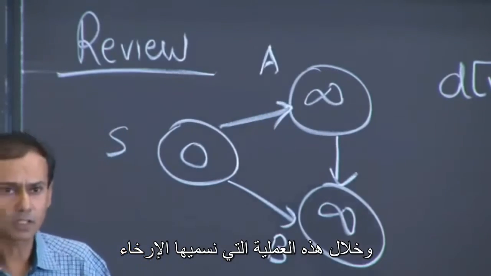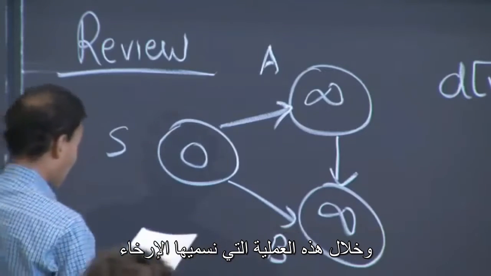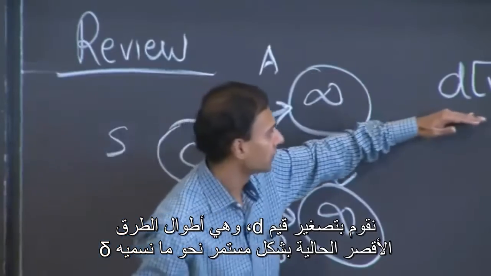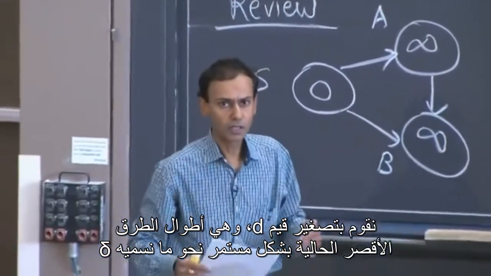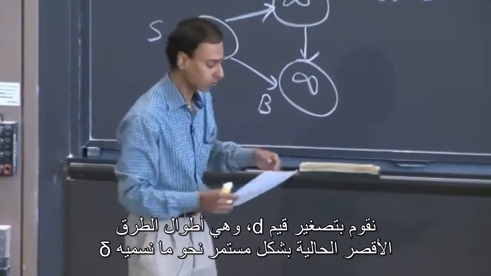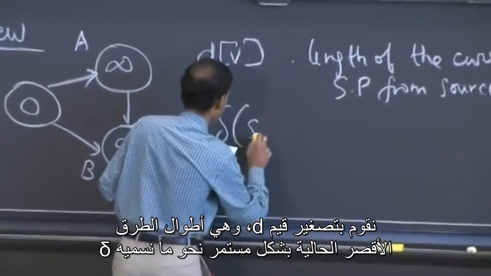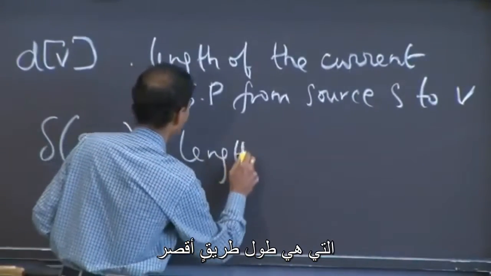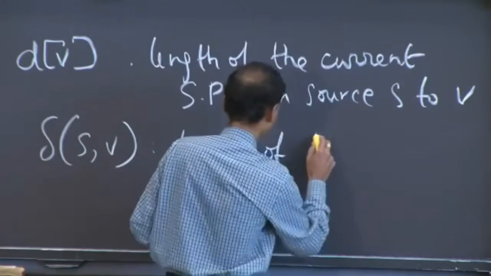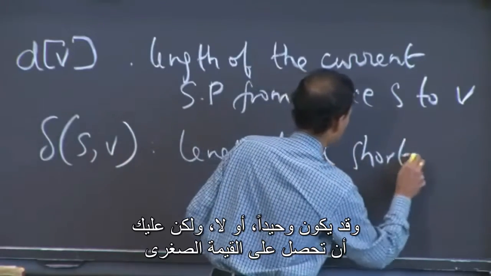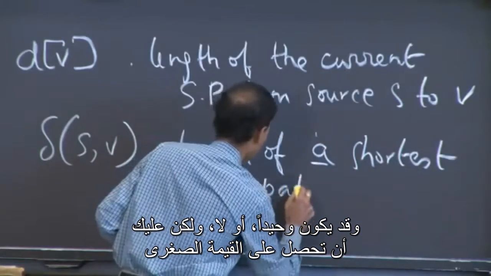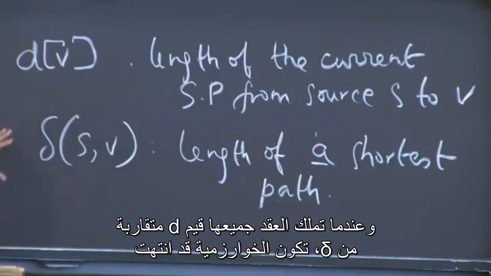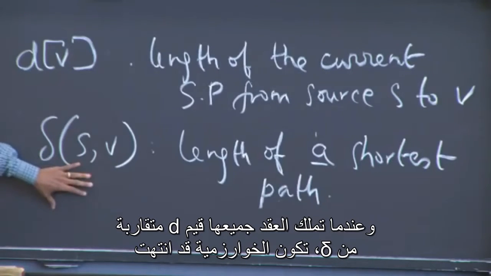Through this process that we call relaxation, we continually reduce these d values, which are the lengths of the current shortest paths, down to what we call the delta values, which is the length of a shortest path. It may be unique, may not be unique, but you have to get the minimum value. And when all of the vertices have d values that converge to delta, then your algorithm is done.